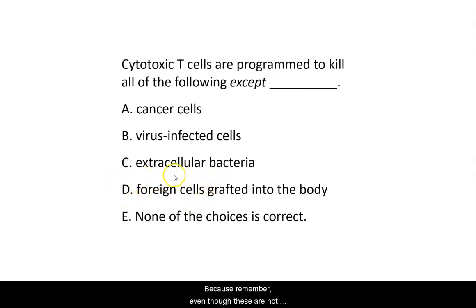Because remember, even though these are not self body cells, they're going to be displaying their antigens on MHC class 1 molecules, and the cytotoxic T cells are going to see that and go, okay, this cell is not self, let's kill it. So the correct answer here is C. Extracellular bacteria are not going to be recognized by cytotoxic T cells.